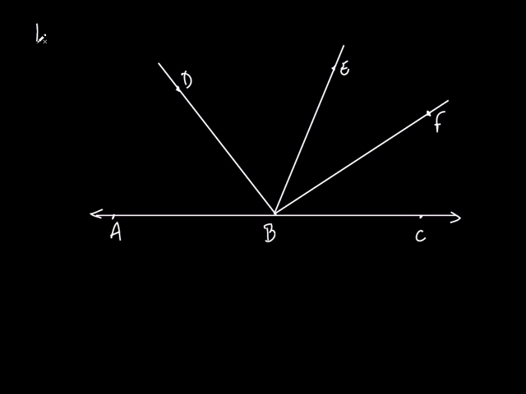But it also tells you something else. I'll write that part down. It says ray BF bisects. Now that's an important word right there. It bisects angle CBE. All right, so let's take a look at that. Let's find CBE first of all. Here's CBE. So this right there is the angle that we're bisecting, okay?